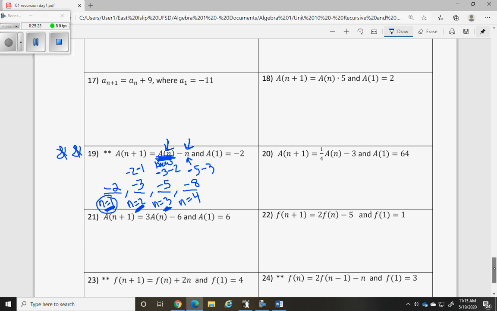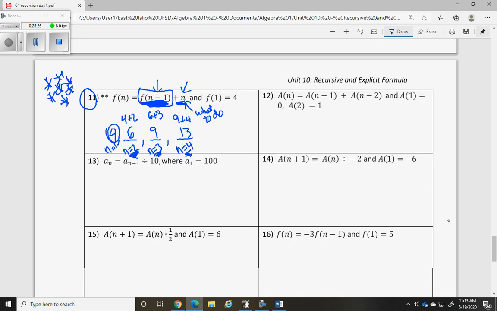Some people do it as a substitution way. Let's see. If f of 1 is 4, this is a 4. The thing that comes after it, this is when n is 1, so what comes after it is n is 2.